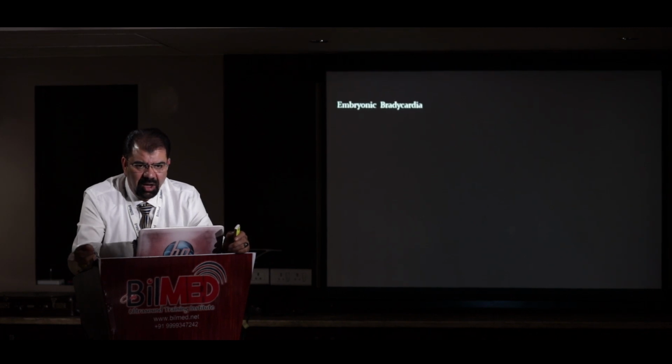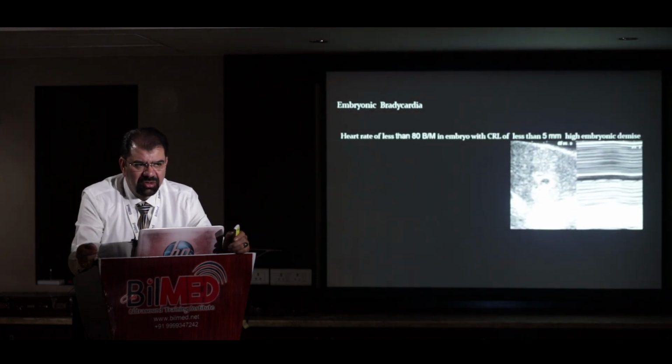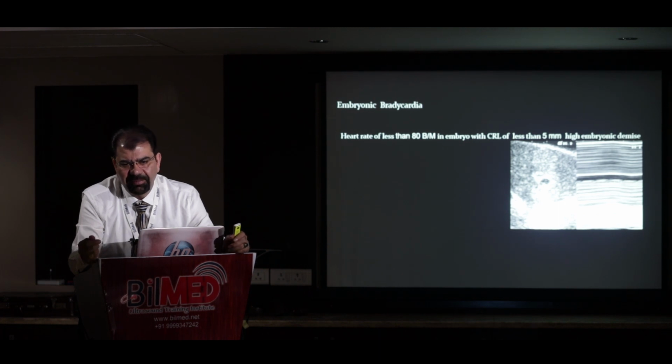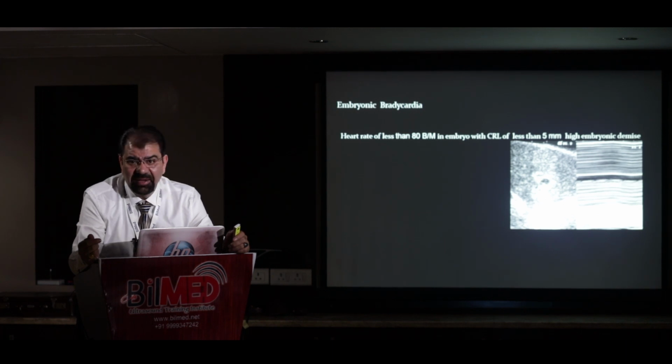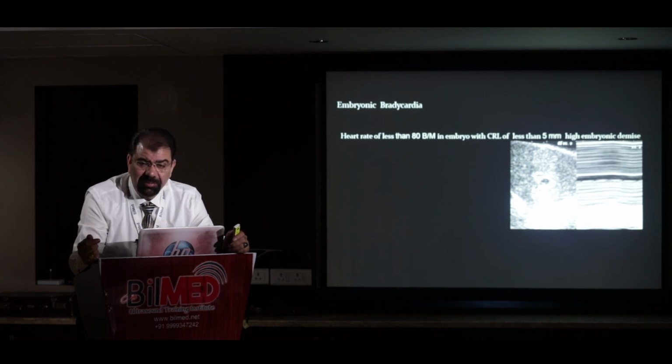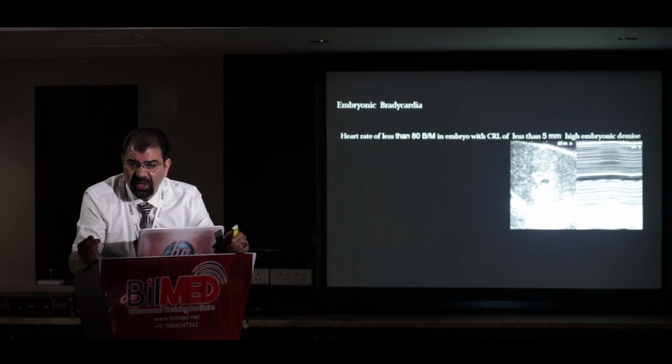So now you have got the cardiac activity, you have to see how much is the cardiac activity. Why? Because not only cardiac activity, how much the fetal heart is beating today is very important. And if the heart rate is less than 80 beats per minute, I have to correlate it first with the CRL.